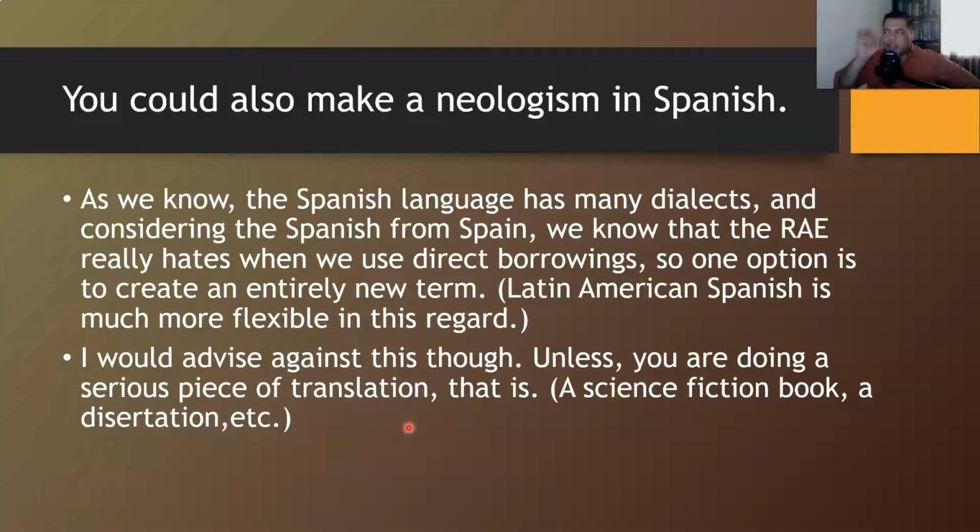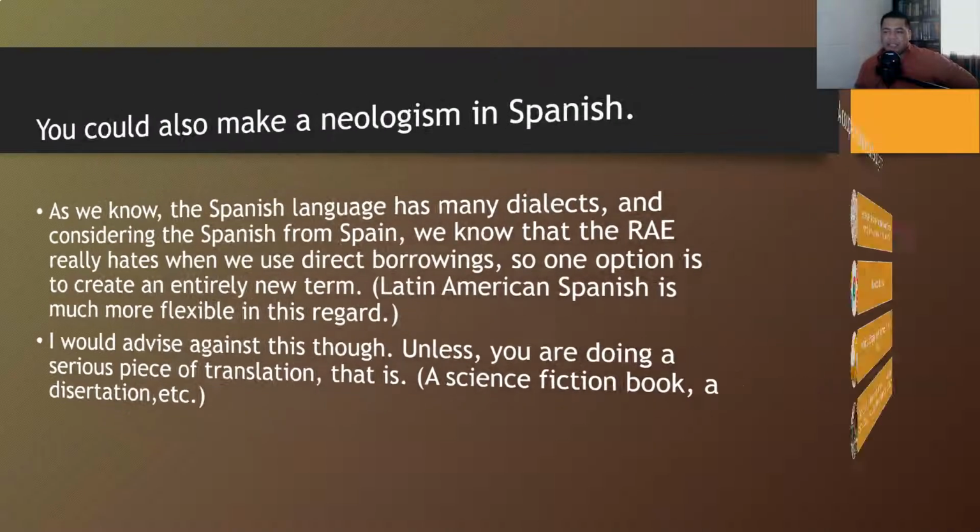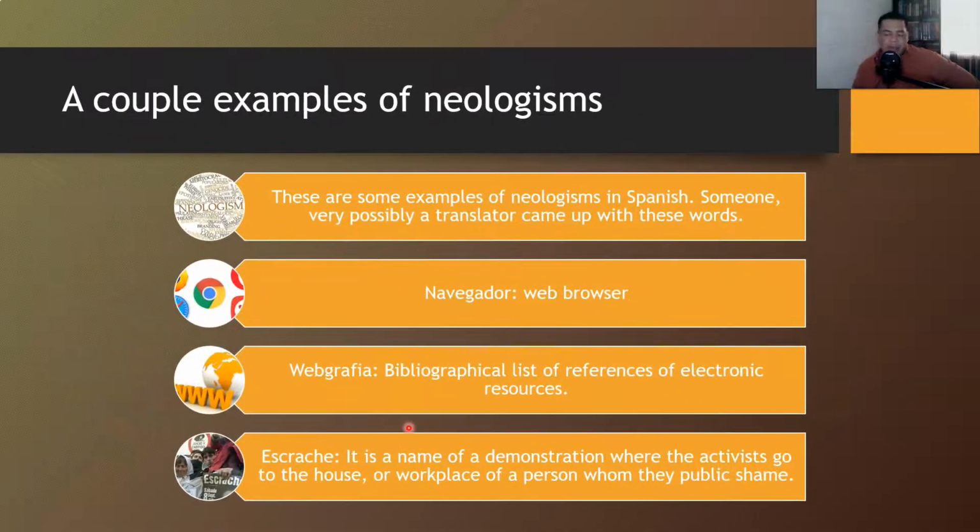Of course, it's important that we make sure that we do the proper research to know that there is not a word that is being used as an equivalent in our language. I have a couple examples of neologisms for you guys. For example, we have the neologism navegador, which is the equivalent of web browser.